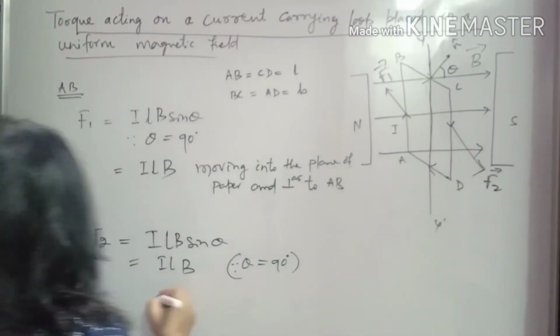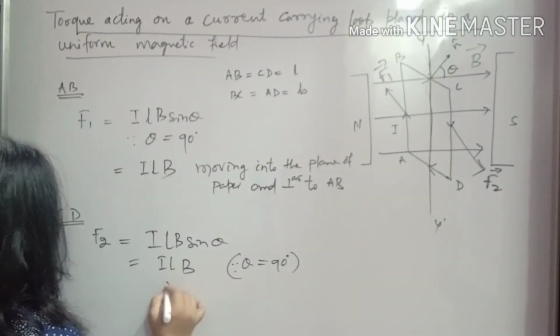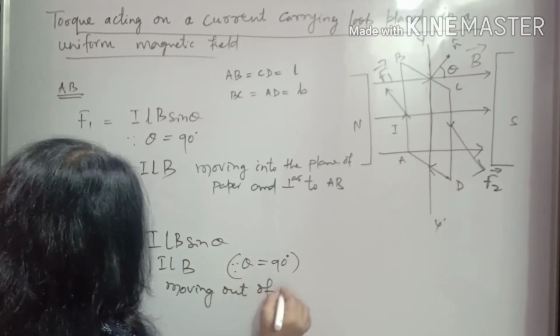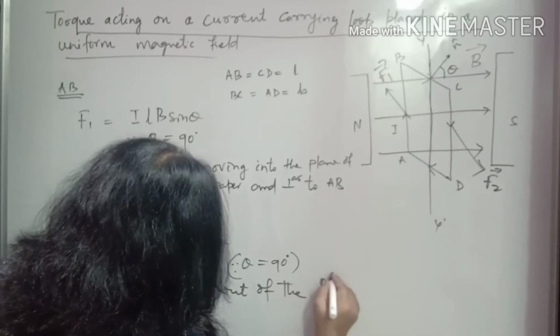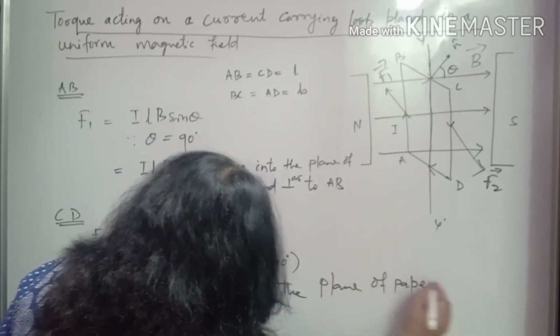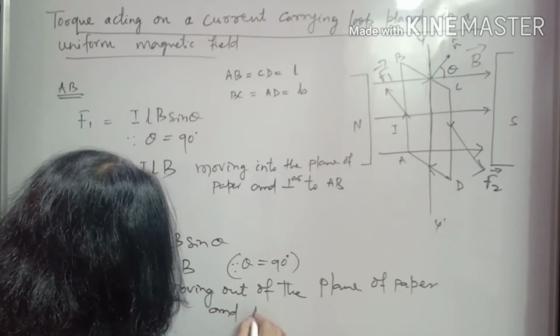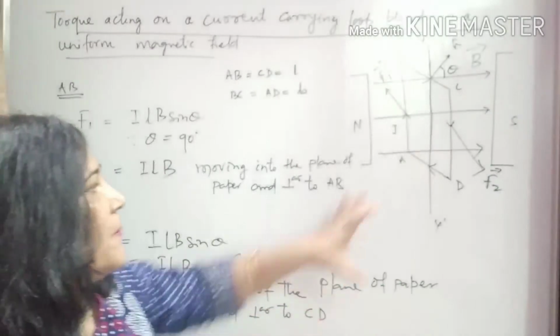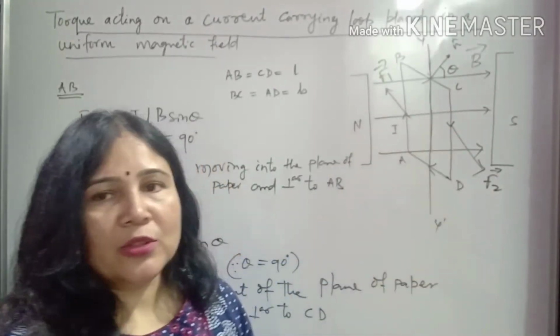So here it is ILB, moving out of the plane of paper, and perpendicular to CD.